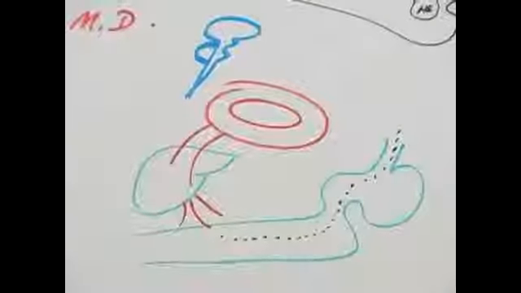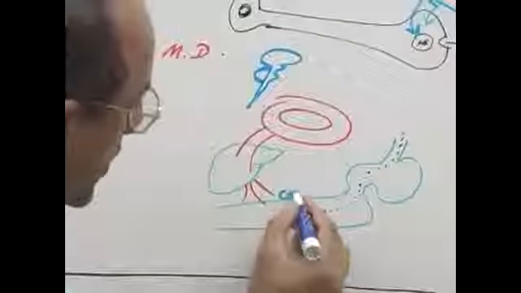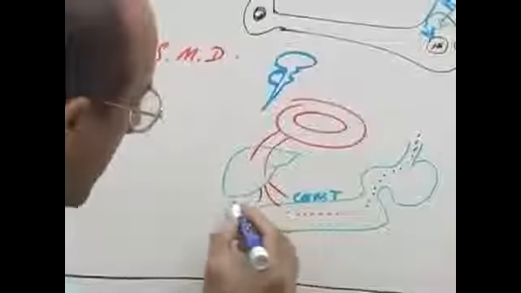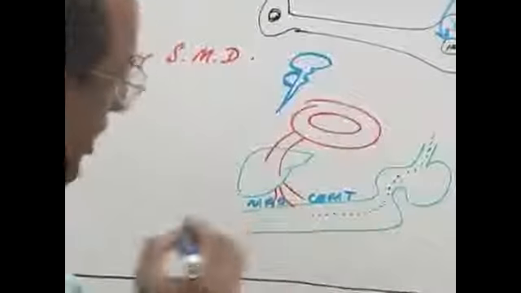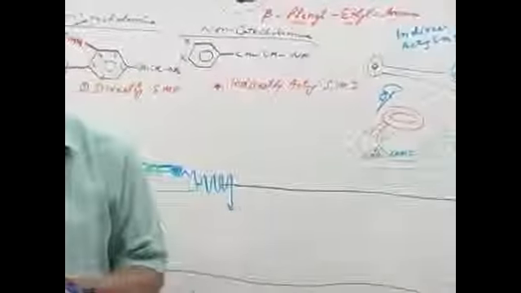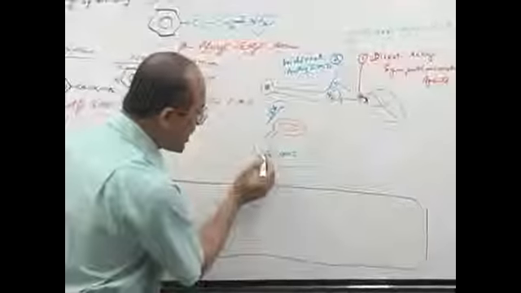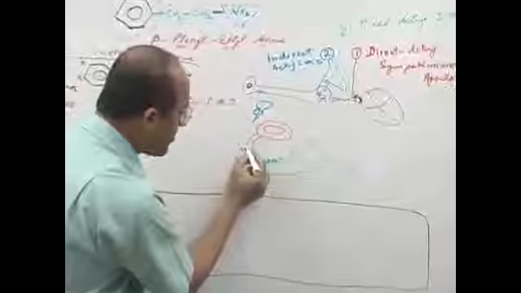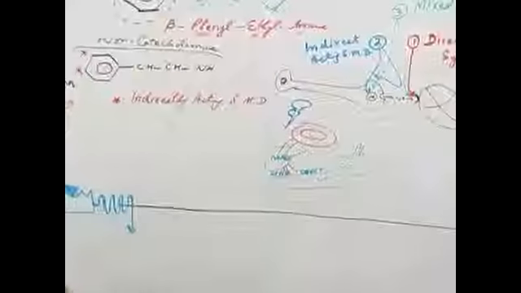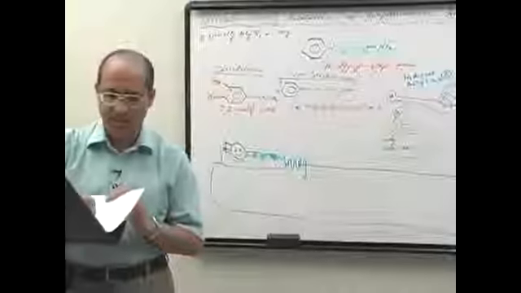And whatever little amount is absorbed will be destroyed by COMT and monoamine oxidase in the GIT mucosa, and also by destructive enzymes in the liver, monoamine oxidase, which is present in the liver, and the liver has some small amount of catechol O methyl transferase as well.